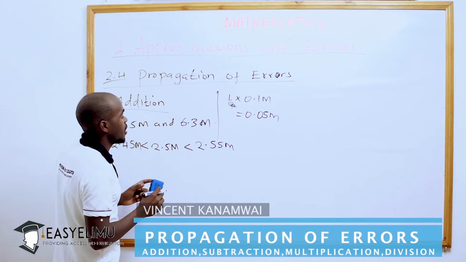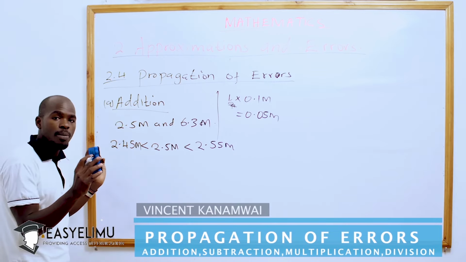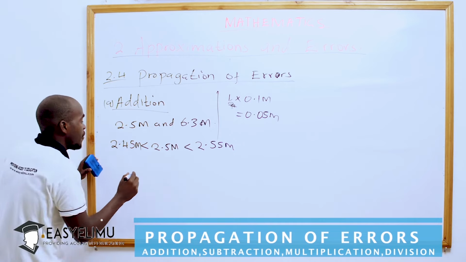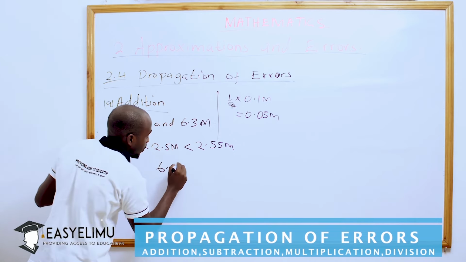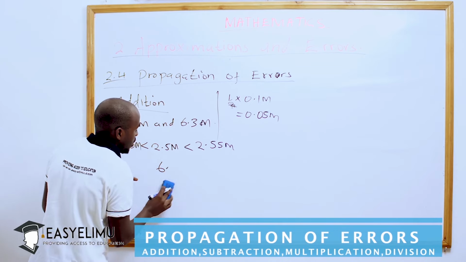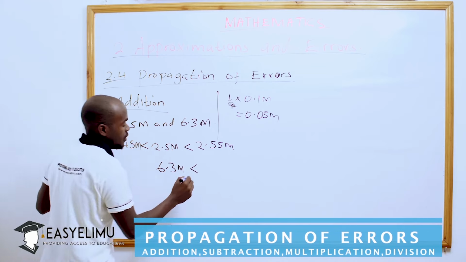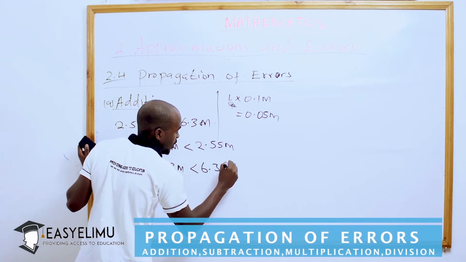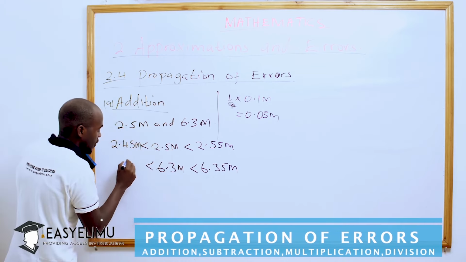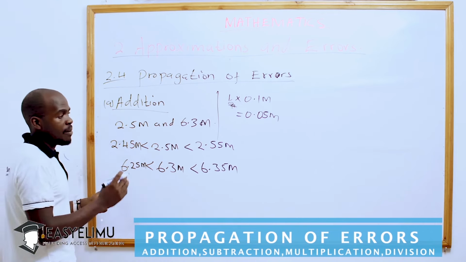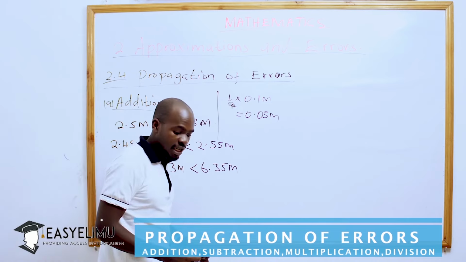So that is the boundary within which 2.5 meters lies. And 6.3 meters will lie between 6.35 meters and 6.25 meters. That is the boundary within which it lies.